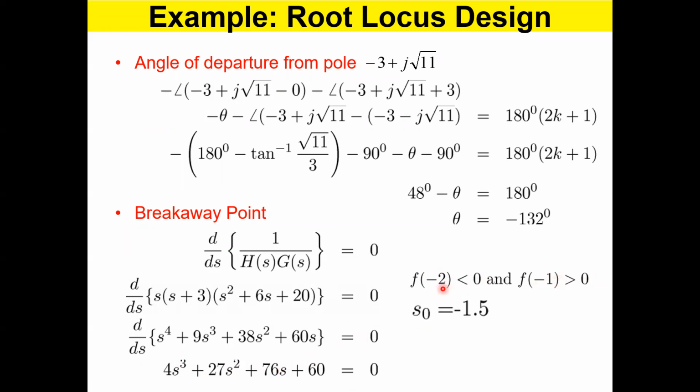Now you can see this. When you select s -2, the answer is negative. When you select s -1, the answer is greater than 0, positive. So therefore, the answer becomes 0 in between these two numbers for s. So the solution has to be between -2 and -1.